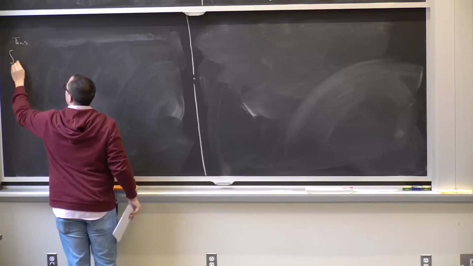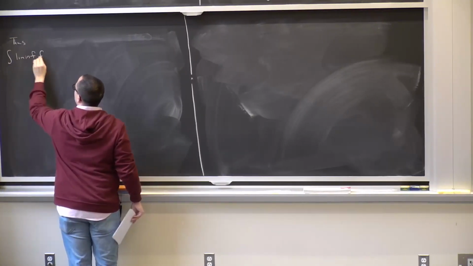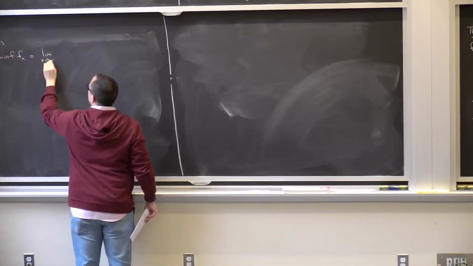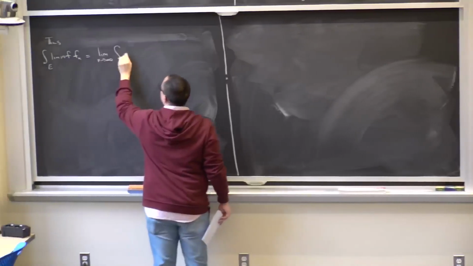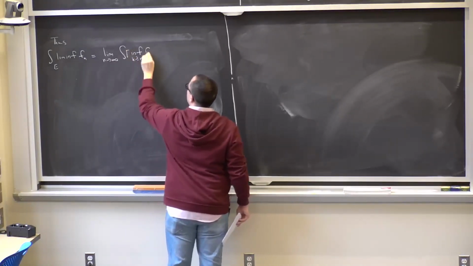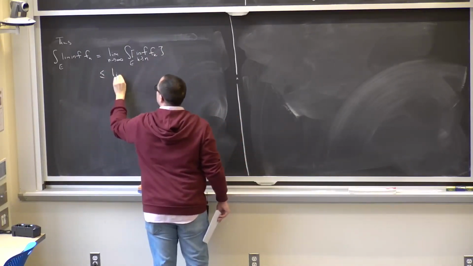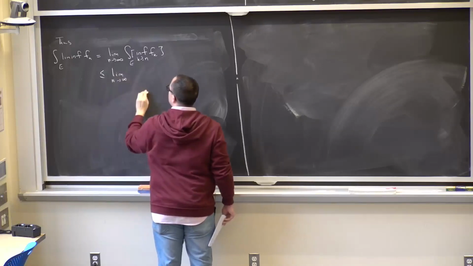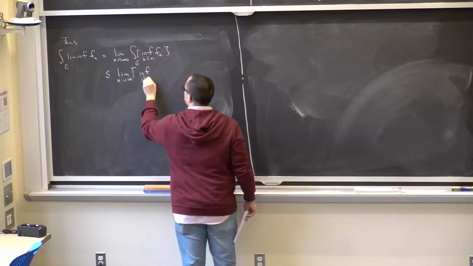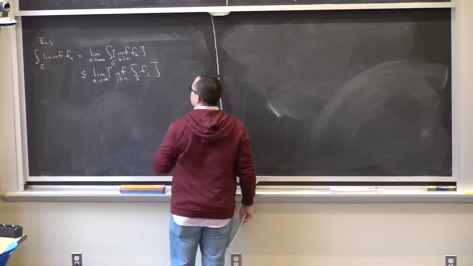Thus, what we had before, which was that the integral of the lim inf of F_n over E, which is equal to the limit as n goes to infinity of the integral of the inf over k bigger than or equal to n of f_k, is, by what we've just shown, less than or equal to the limit as n goes to infinity of the inf over j bigger than or equal to n of the integral of f_j.